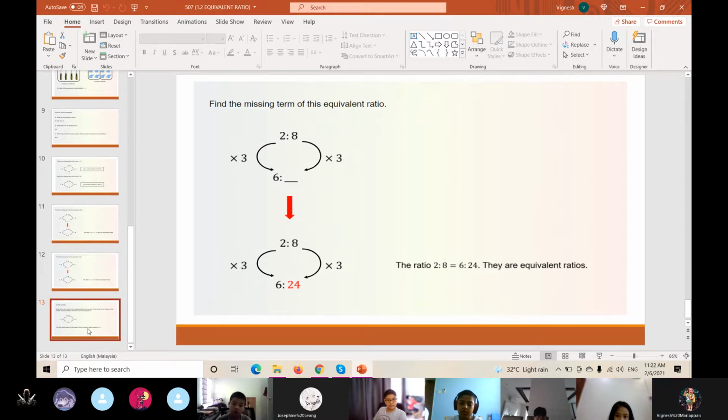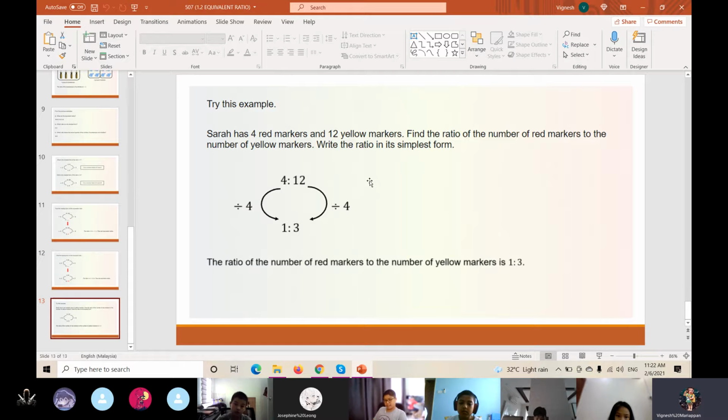Yes, teacher. Okay, so this one is the same. This is an example of a word problem question, but I haven't touched this. I won't touch it now. I will discuss it next week maybe, because this one is 1.4. This is an example. Sarah has 4 red markers and 12 yellow markers.